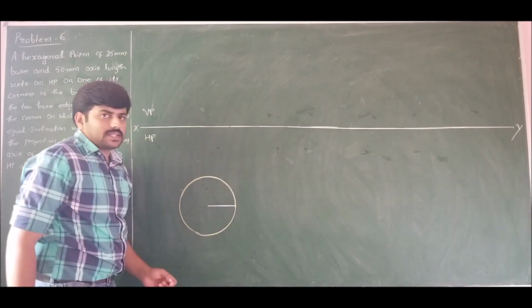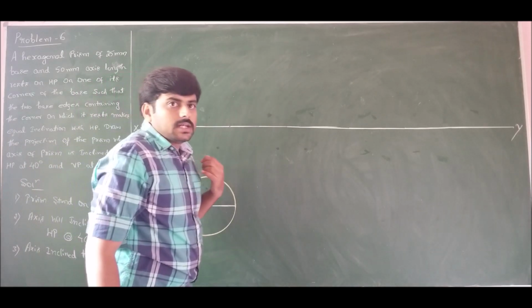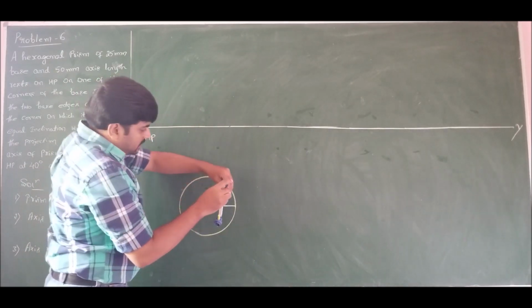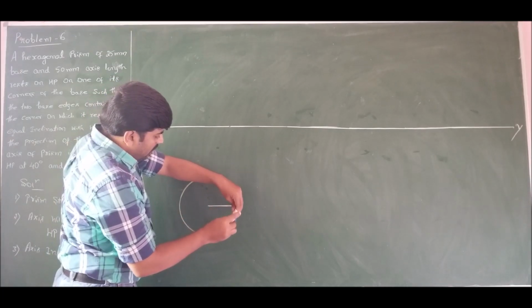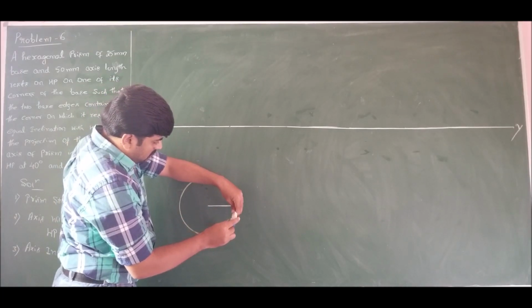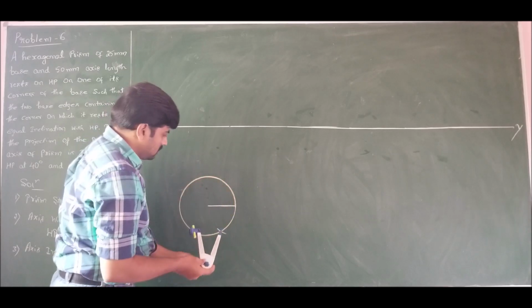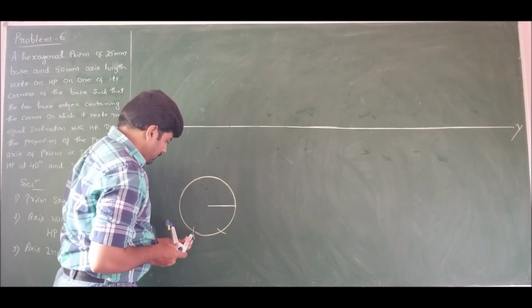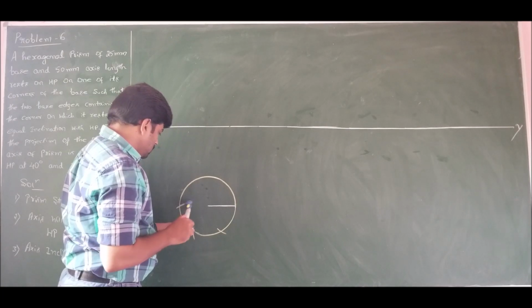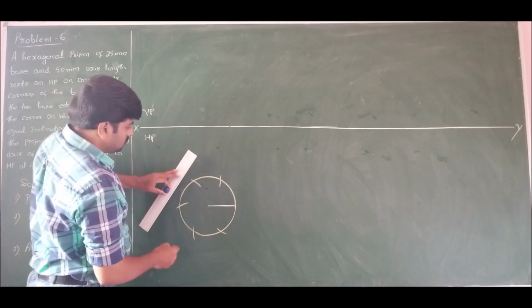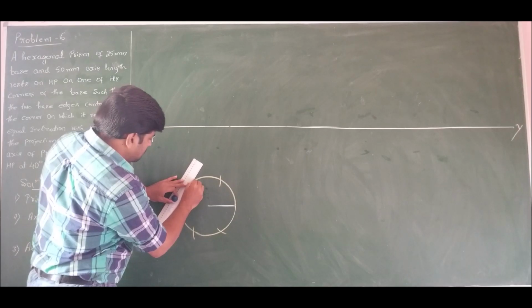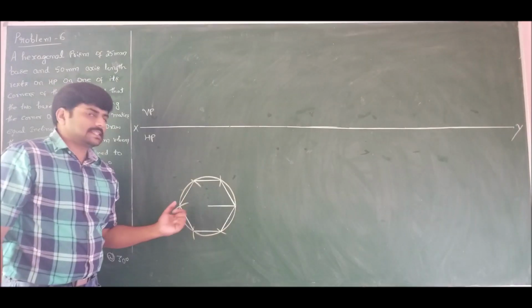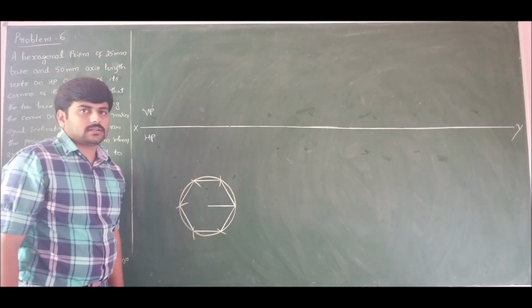The radius of the circle is equal to the base edge length, which is 25 mm. Now, with the same dimension, cut equal arcs. Join these arcs, you will get the hexagon resting with its corner. This completes the construction of the hexagon.